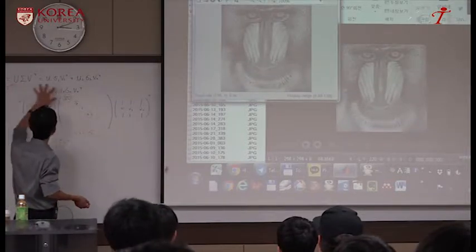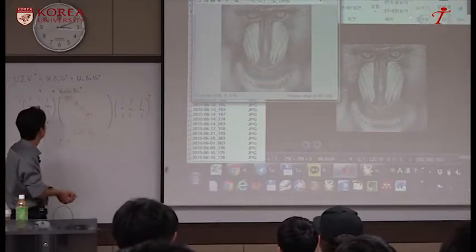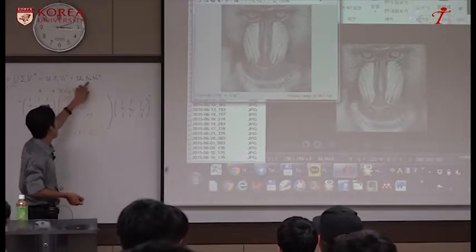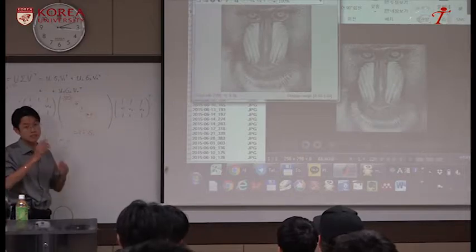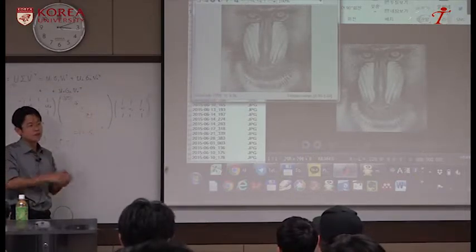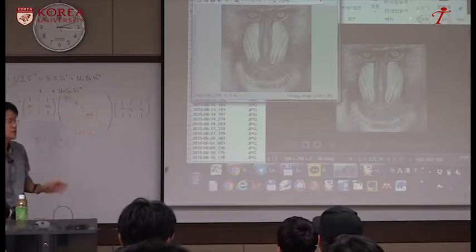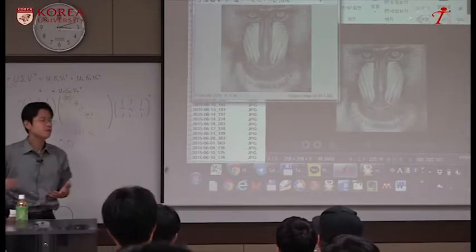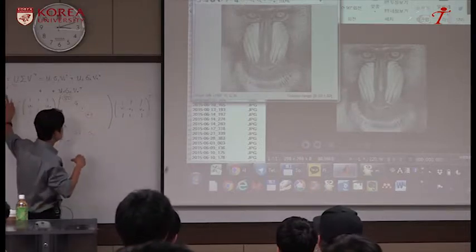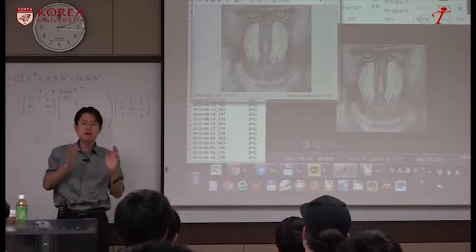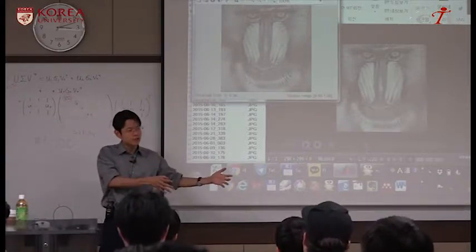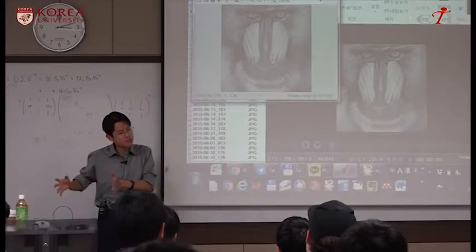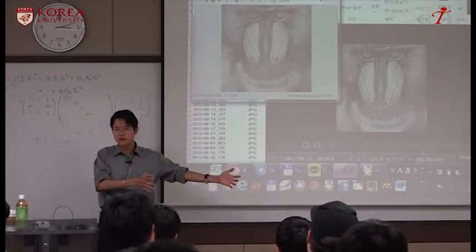And sigma gives the linear combination, just scaling. So in engineering, it's very efficient to model something as a linear combination of orthogonal functions. One example is the Fourier transform, right? Fourier transform is a linear combination of orthogonal sine and cosine.